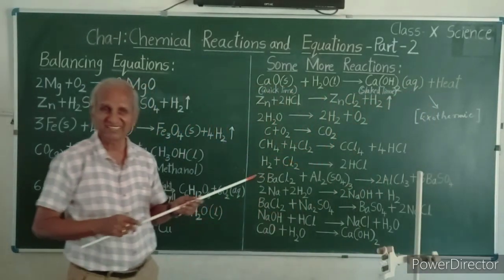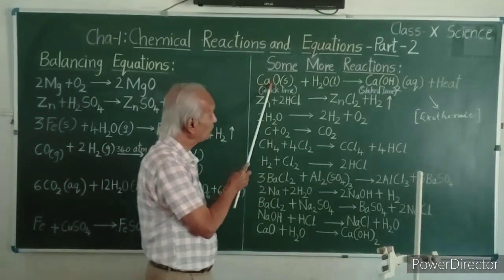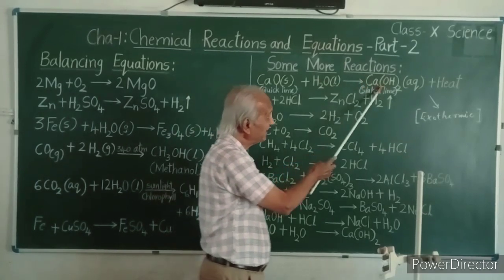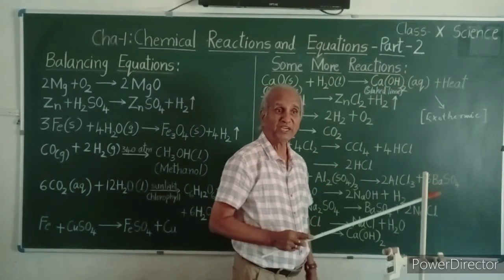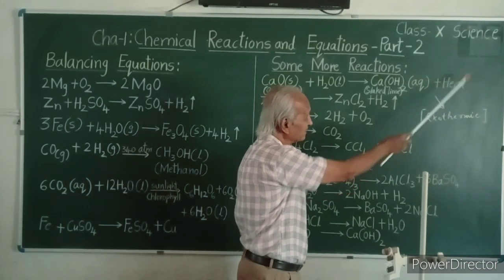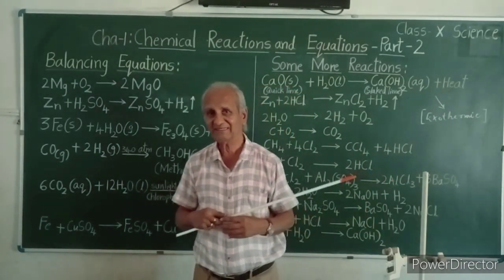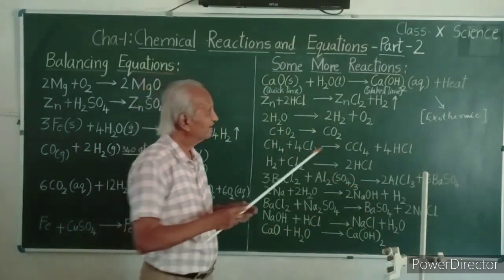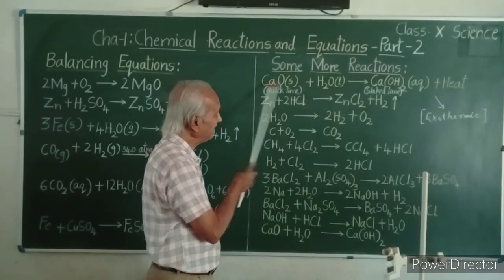Okay, now let us see whether the equation is balanced. CaO plus H2O gives Ca(OH)2, OH we call hydroxide, plus heat. Heat doesn't come into the balancing of the equation. So it is already matched, very well balanced. Ca, one each side.